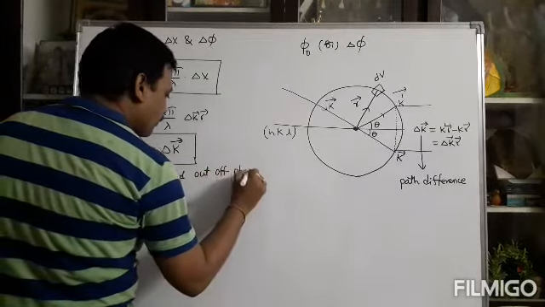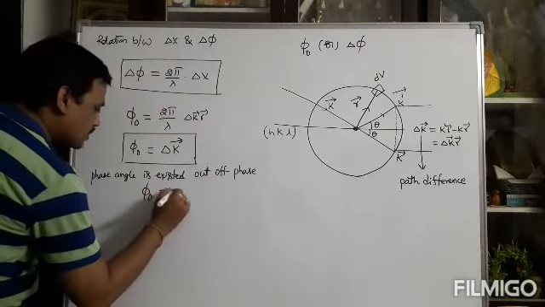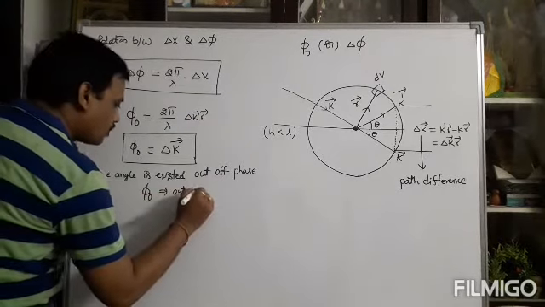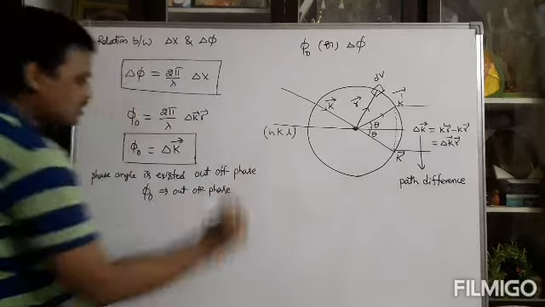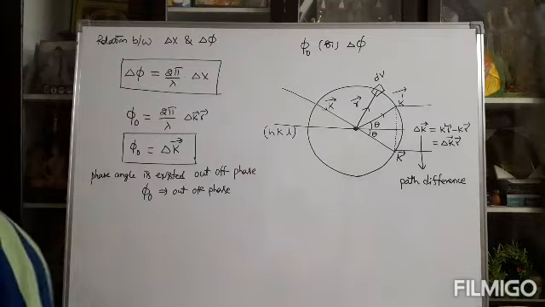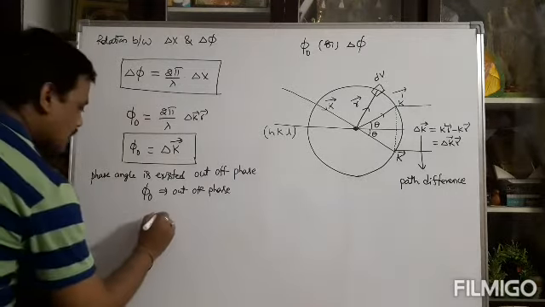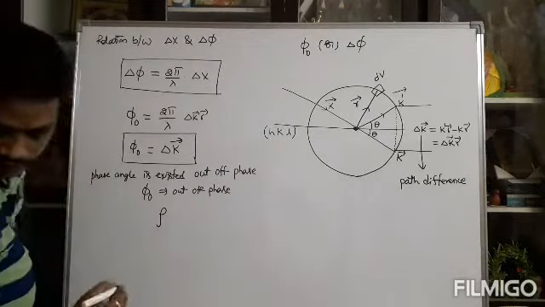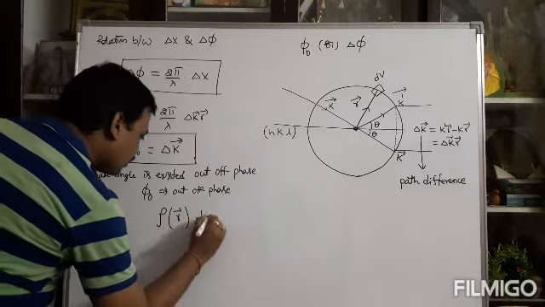From this out-of-phase point of view, the density of the element can be represented as rho of r bar into dV.